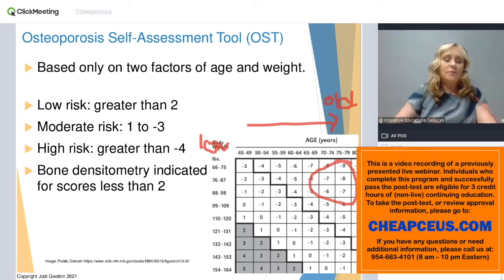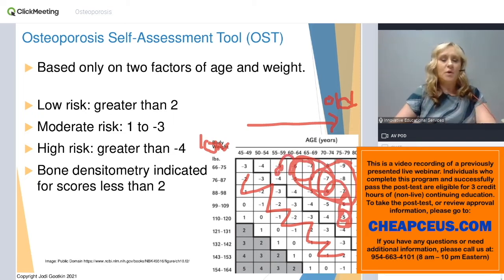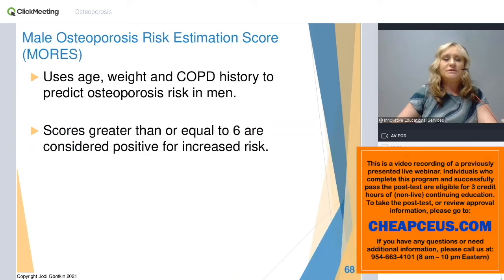And those would indicate individuals who would need screening for osteoporosis. Moderate risk is from 1 to 3 in this region, and then high risk is going to be all up in this region. So older and less weight. It's interesting, this was first developed for individuals who are Asian and has been adapted for other individuals.